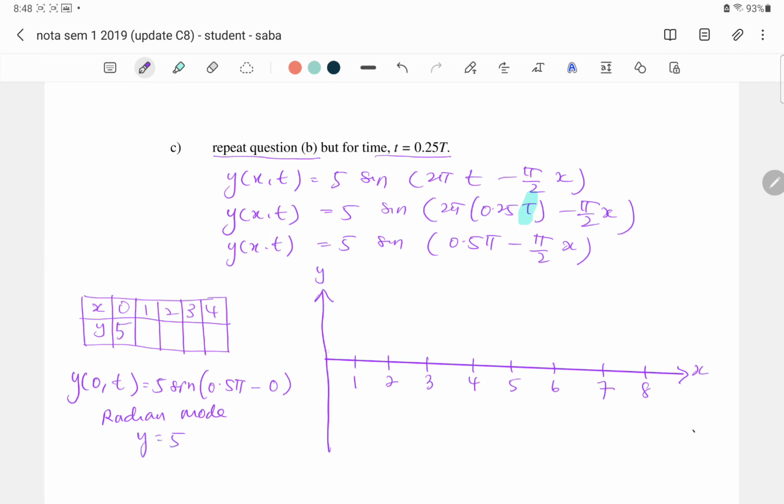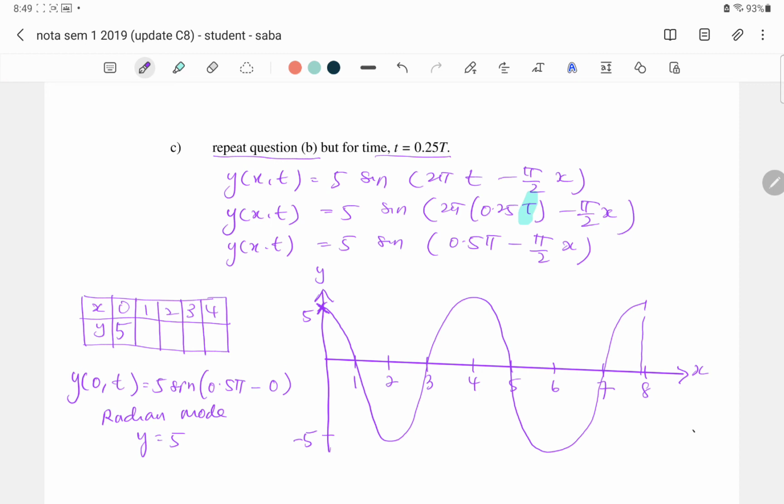Okay, so y x equal to 0, y 5 kat sini. Ini negative 5. So bila 5 kat sini, kita terus dah nampak dah dia punya pattern. Okay, macam ni pattern dia. Okay, this one is the pattern sinusoidal graph.